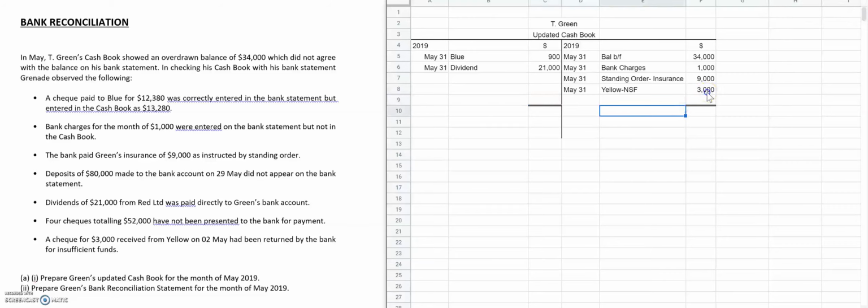Okay, we now go ahead and find our balance carried down. Total here 47,000. The difference between the two sides.